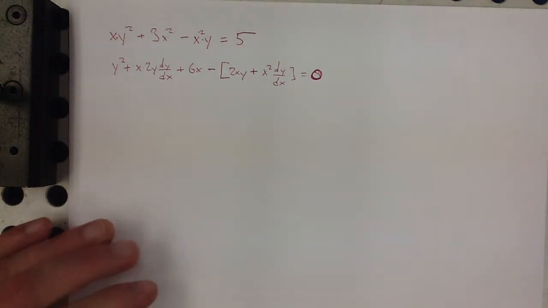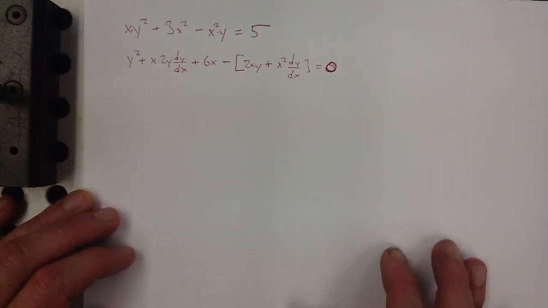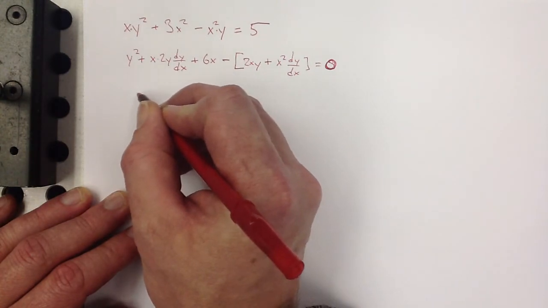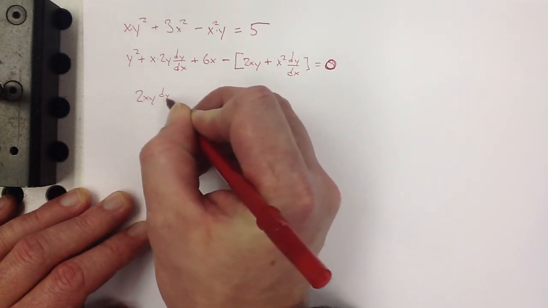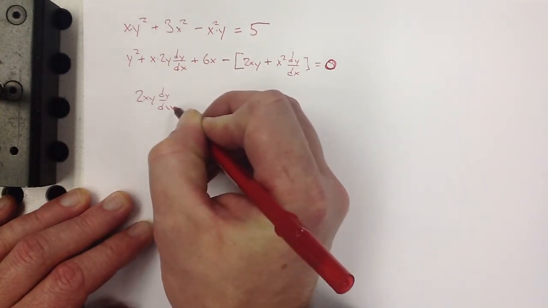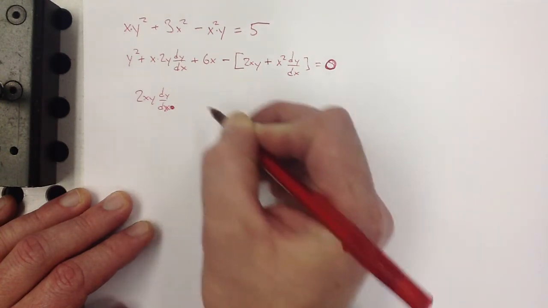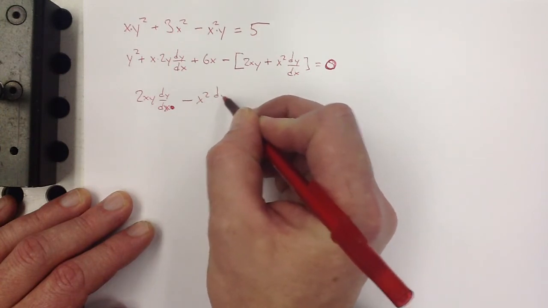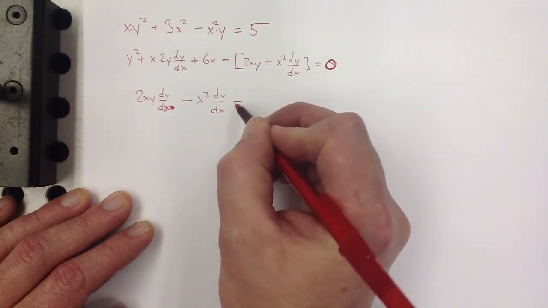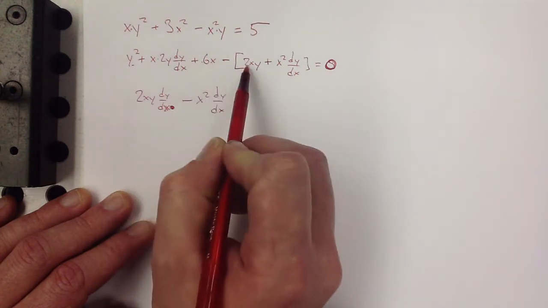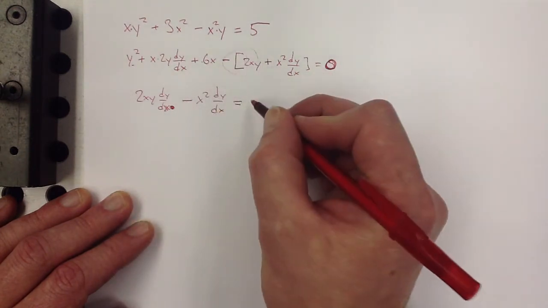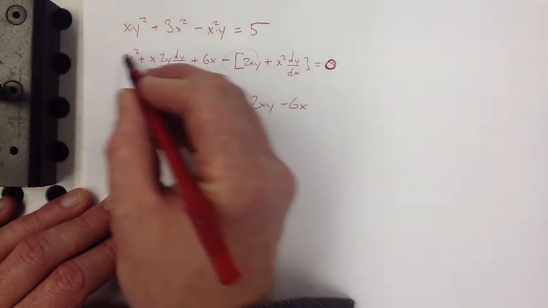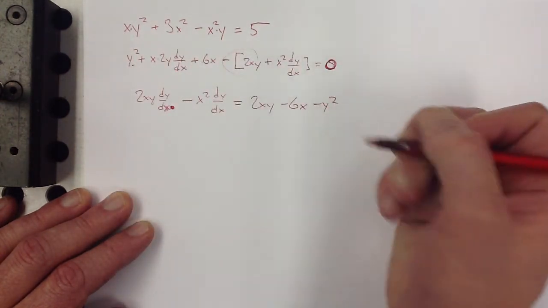Okay, now let's clean this up and try to solve for dy dx. Let's see, so I'd have 2xy dy dx minus x squared dy dx equals, and then I'm going to move the other terms to the other side, so that's 2xy minus 6x minus y squared.